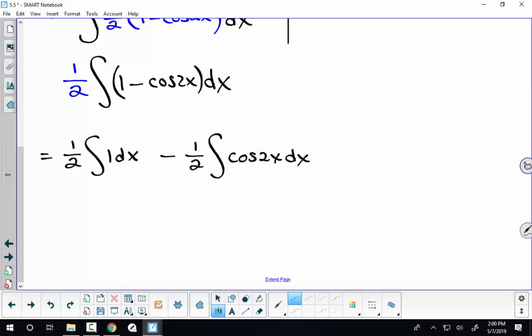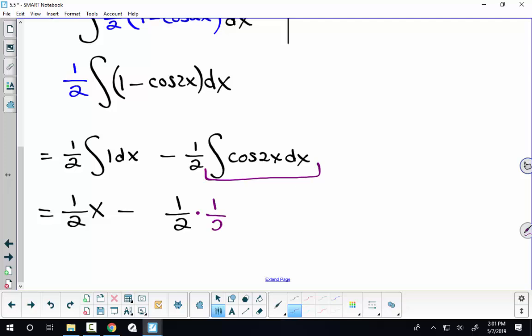So the 1/2 times the antiderivative of dx is what? X. Yeah. So we have 1/2 times x. We have our minus 1/2 here. What is the antiderivative of the cosine of 2x? 1/2 sine 2x. Right, good.